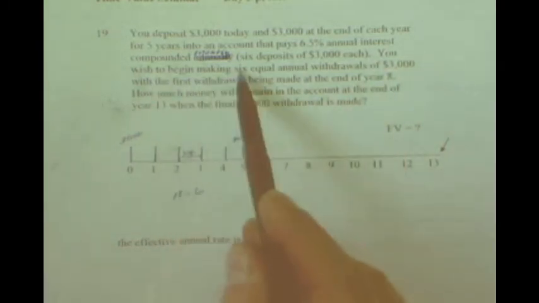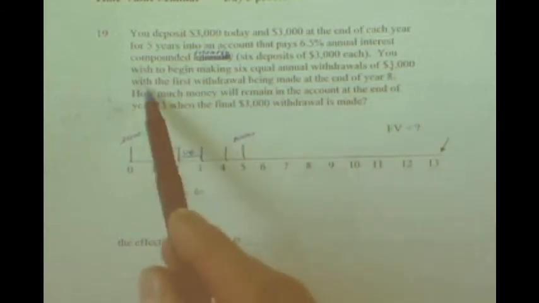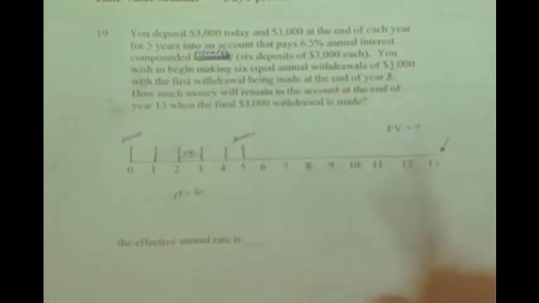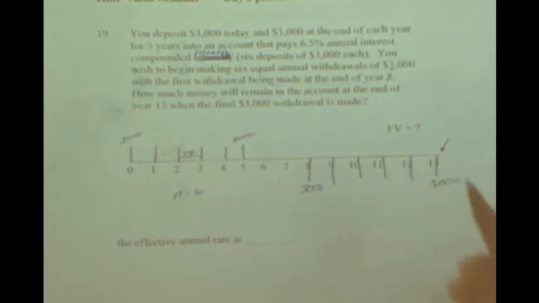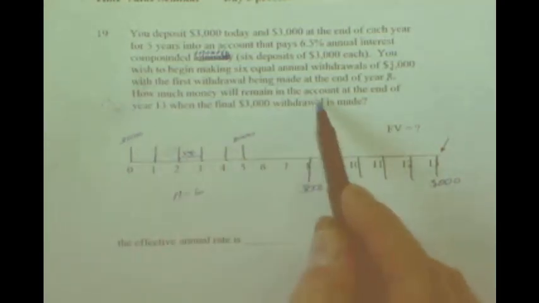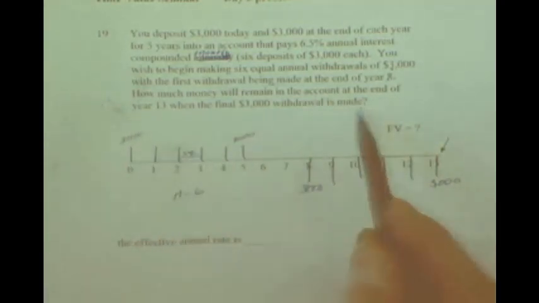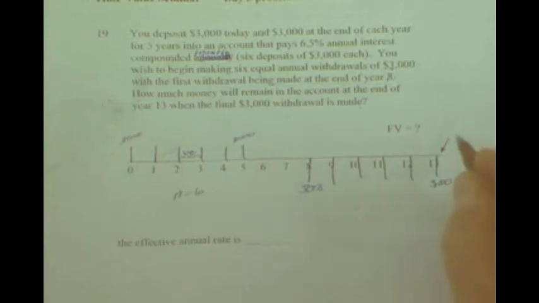You wish to begin making 6 annual withdrawals of $3,000, with the first withdrawal being made at the end of year 8. So right here. 3, 4, 5, 6. How much money will remain in the account at the end of year 13 when the final withdrawal is made?